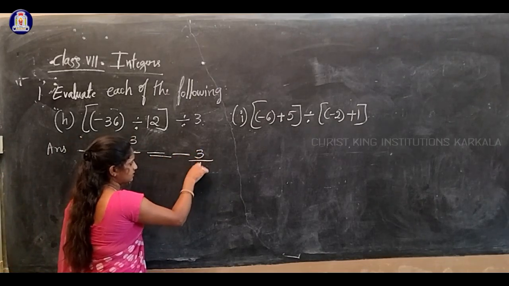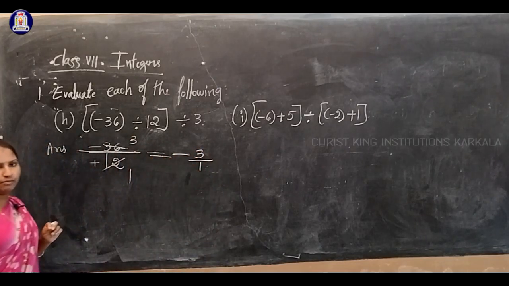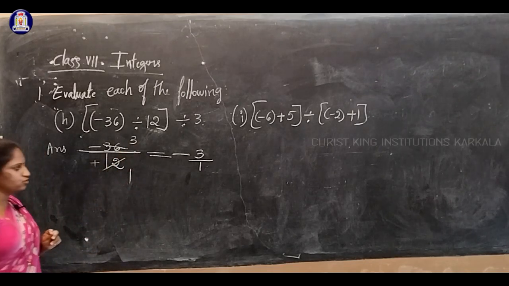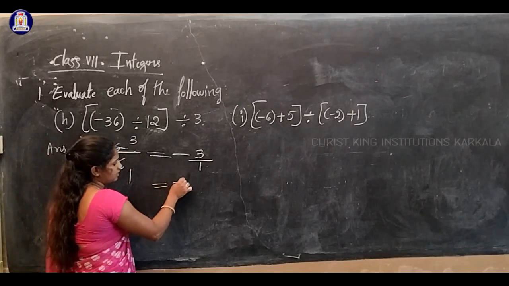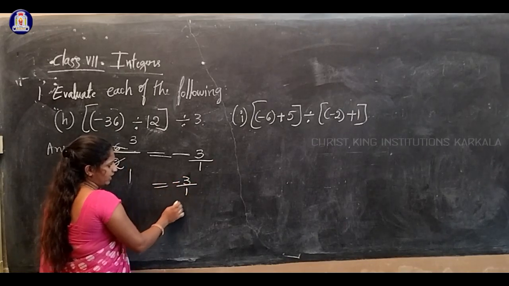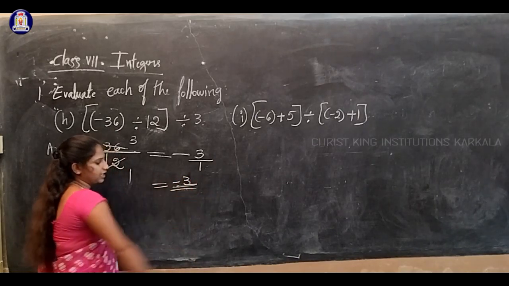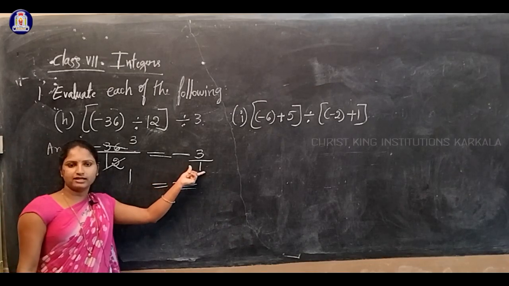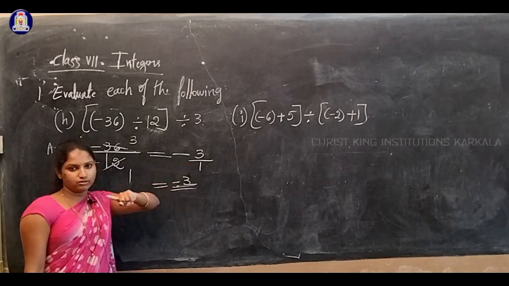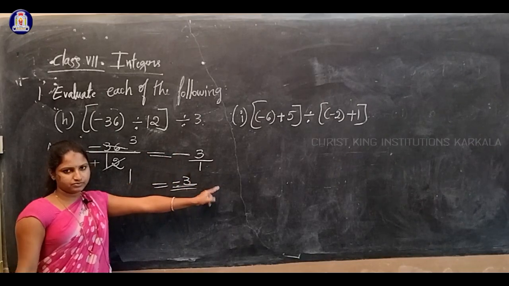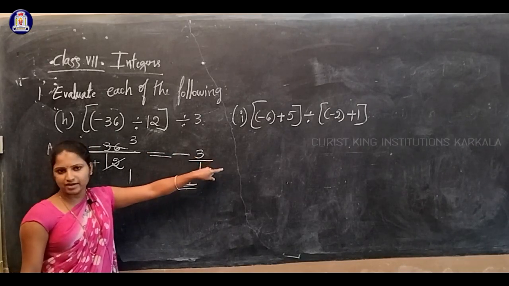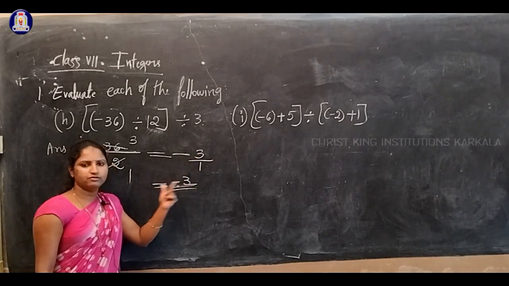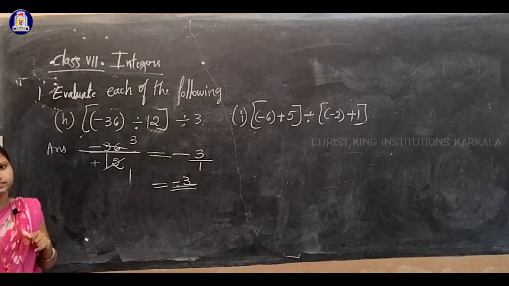So the answer is minus 3 by 1. In the numerator 3, in the denominator 1. Any integer divided by 1 gives the same integer, right? So minus 3 by 1 is minus 3.